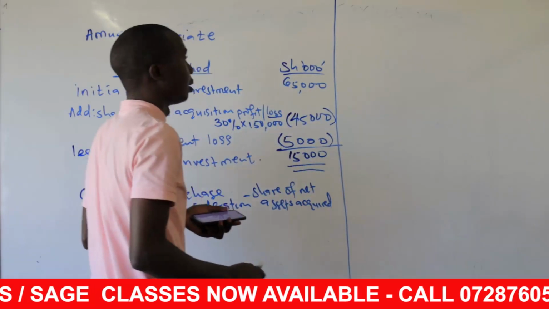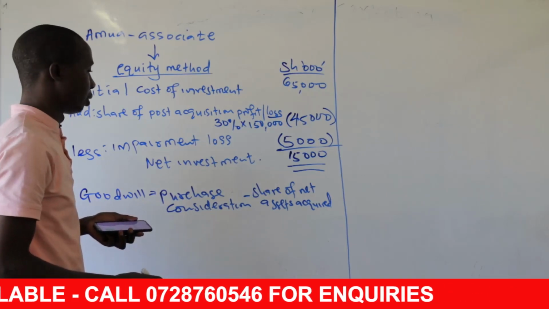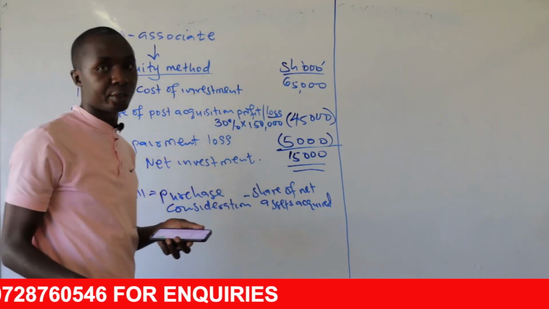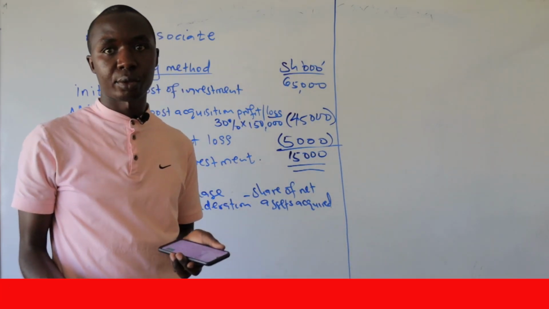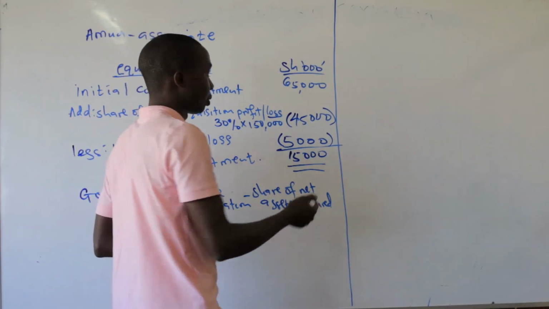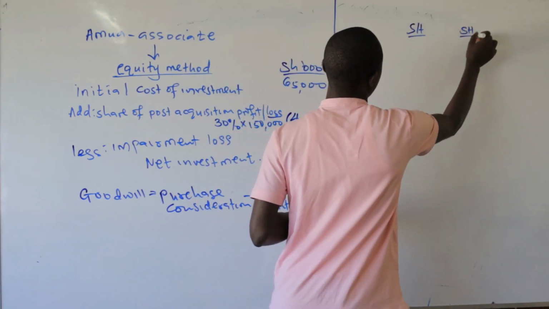Remember that on this scenario, I will be required to do the goodwill using the full method. I have already explained that. Why am I going to use the full method? Because the NCI has been measured at its fair value.